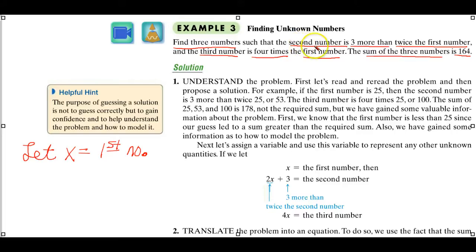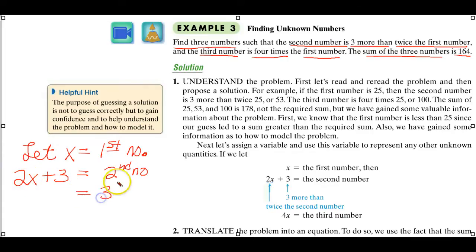Now as we look at the second number, it's saying it's 3 more than twice the first number. So the second number is going to be twice the first number. So there's our first number, so twice the first number, and 3 more than that. So that's what the second number is.